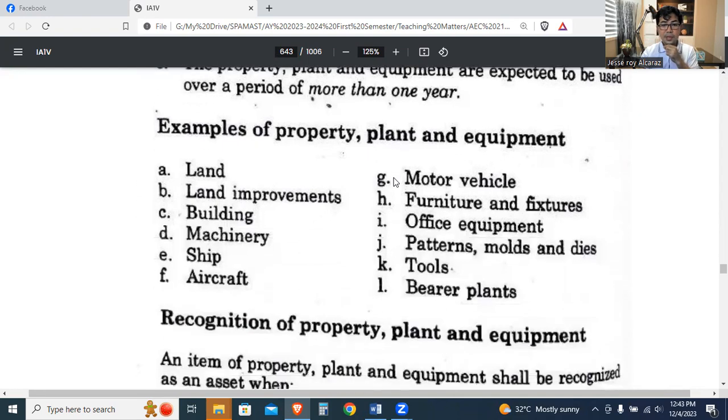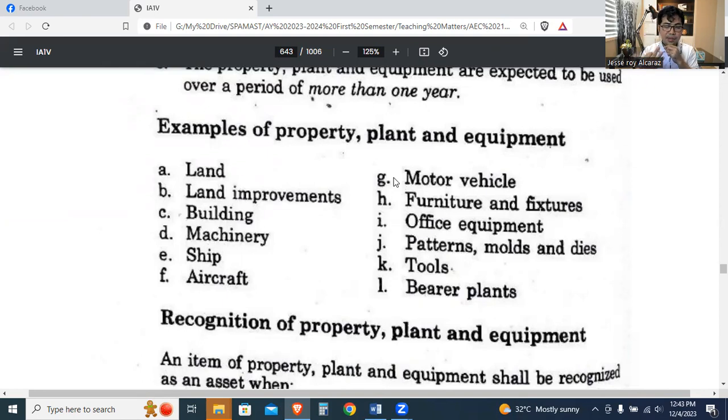So these are some of the examples. You have land improvements. Okay, so basically, a short description between the two. Land is, well, the land. And improvements are the improvements on the land. We have usually roads, fences, lights that are installed in the land.